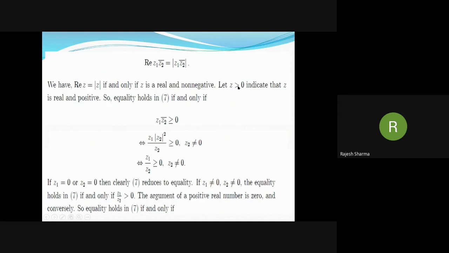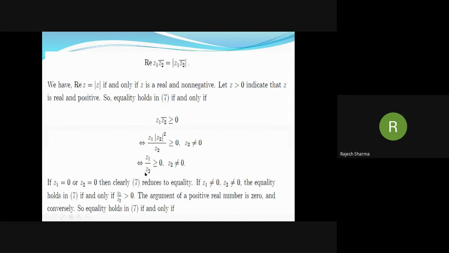So equality holds in this triangle inequality if and only if z1 z2 conjugate is greater than or equal to 0. Now if z2 is not equal to 0, then multiply and divide by z2. So this holds if and only if this holds when z2 is not equal to 0. And since mod z2 squared is always non-negative, this holds if and only if z1 over z2 is non-negative.